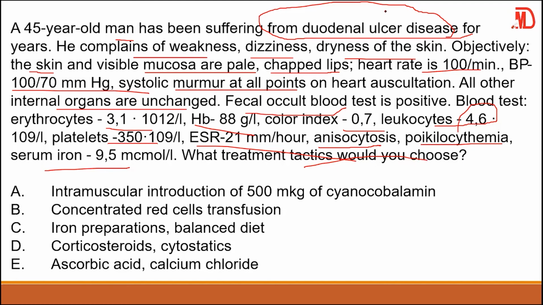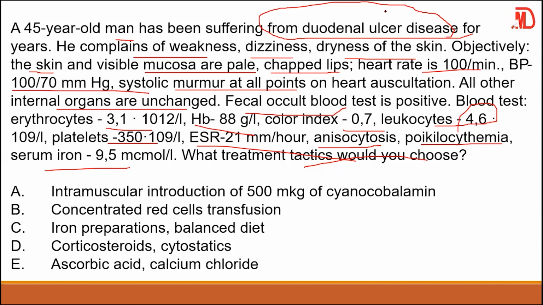Now, in duodenal ulcer, the mucosal lining is scraping off, undergoing erosion. And when it undergoes erosion, some substance absorption will be impaired. So what comes to our mind here could be either vitamin B12 deficiency or iron deficiency. True or false?